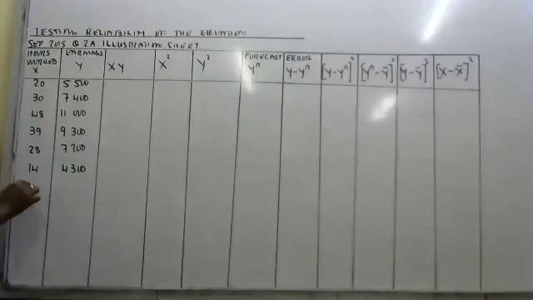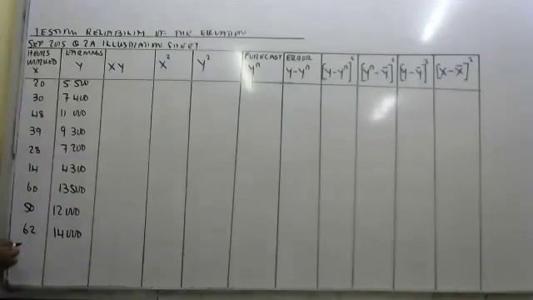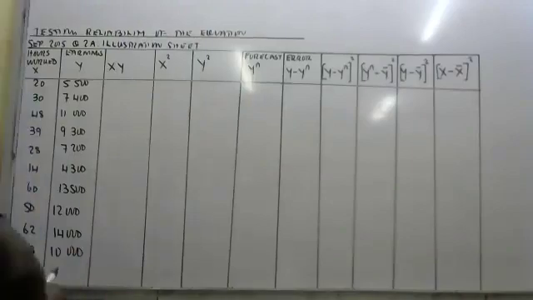Then I have 60 with 13,500. Then I have 50 with 12,000. Then I have 62 with 14,000. And then I have 43 with 10,000.